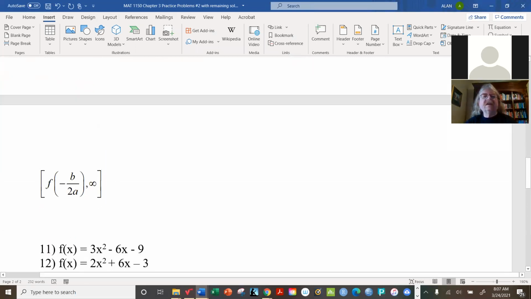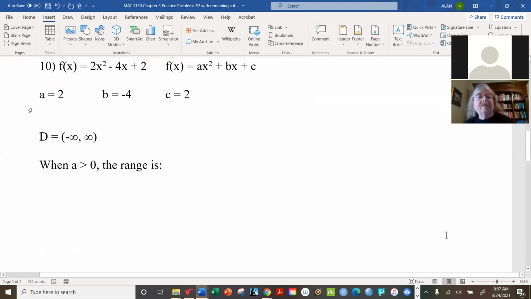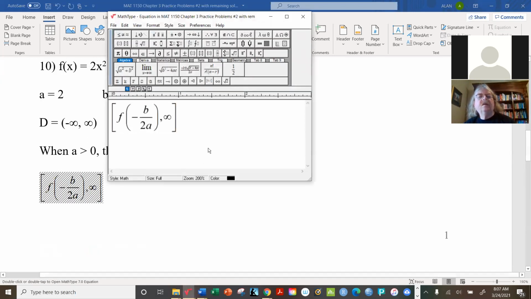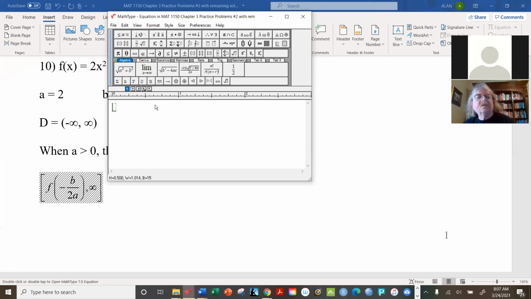Now, of course, these are the values of A, B, and C. Let's just leave it there. One more thing: I just realized this is not correct. The right bracket is supposed to be round, not square. So I have to correct that.